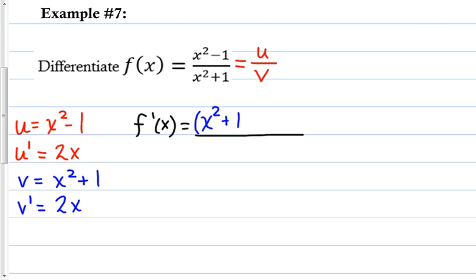So low, d high, so the derivative of the top, which is 2x, minus high, that's the top, and then times the derivative of the bottom, which is also 2x. So I have low d high minus high d low. And then over low times low.